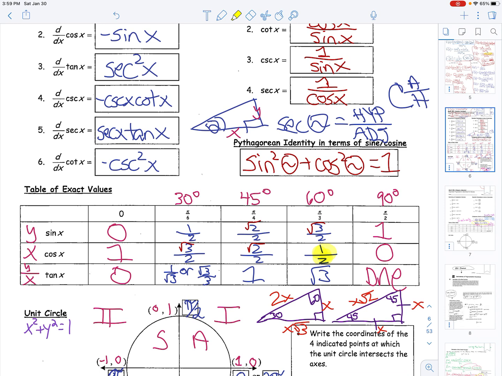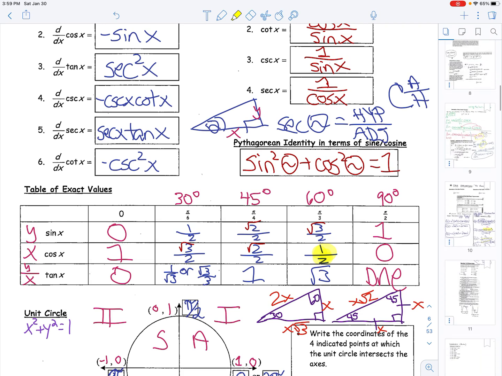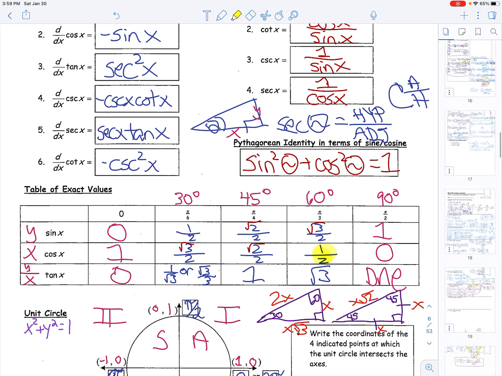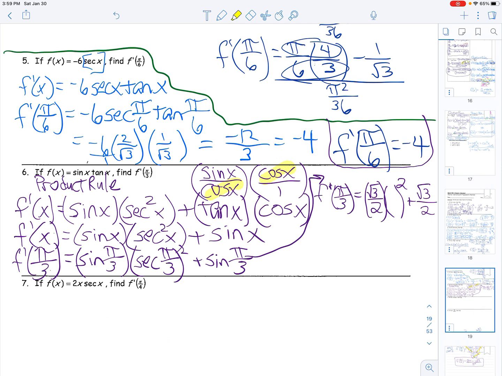All right, cosine pi over 3 radians is a half, which means the secant of pi over 3 is going to be the reciprocal of a half, which is 2, right? So secant pi over 3 is 2. We'll square that.